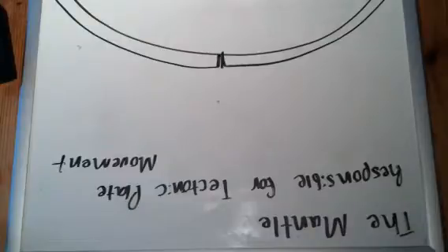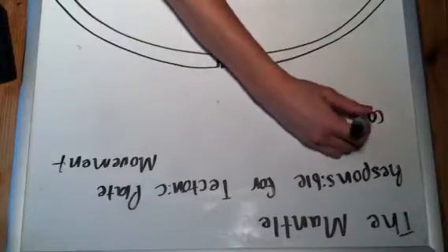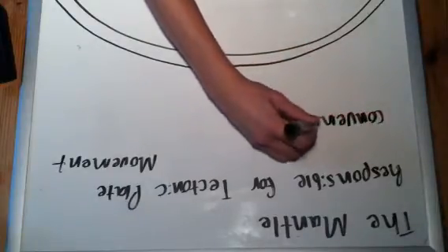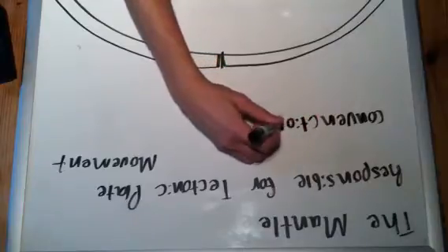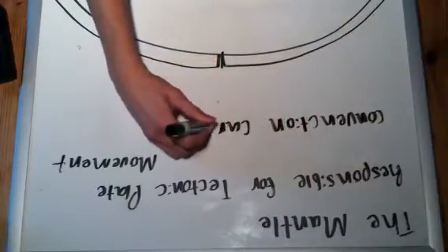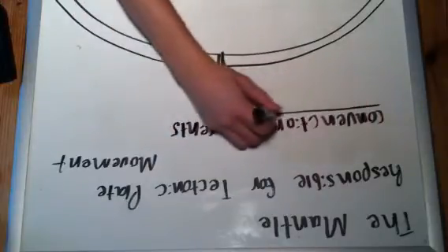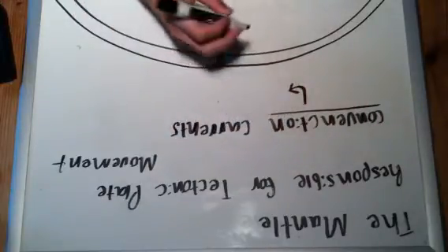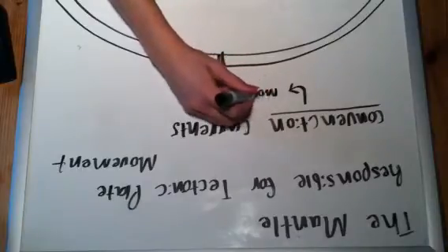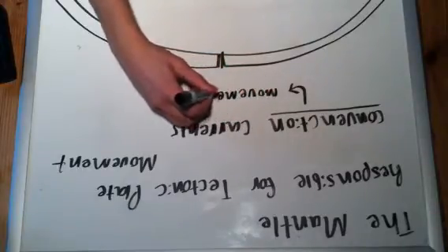concept of convection currents that occur within the mantle. And a brief review, or if you don't know what convection is, that is simply the movement of heat through a medium.